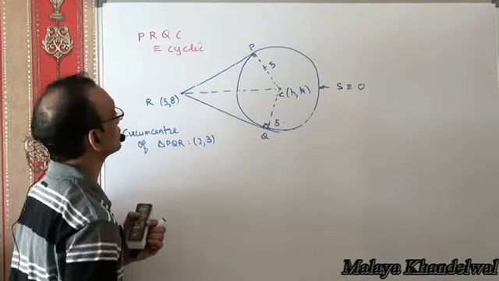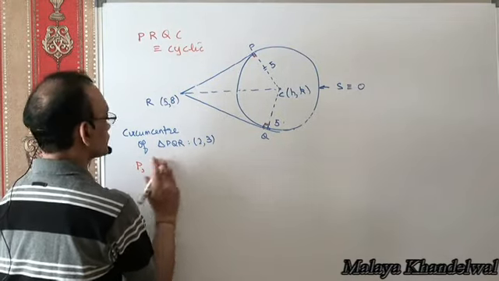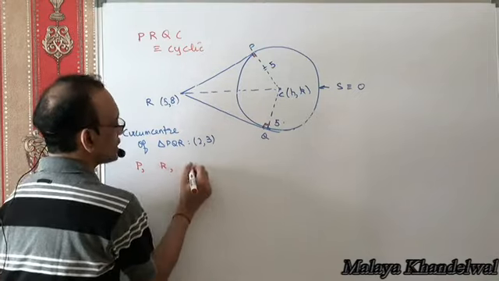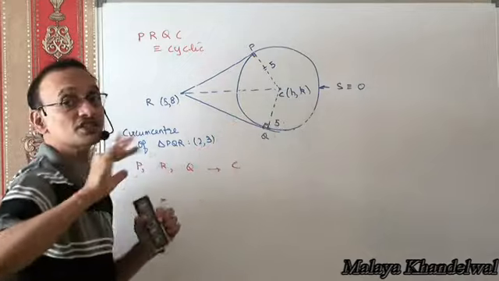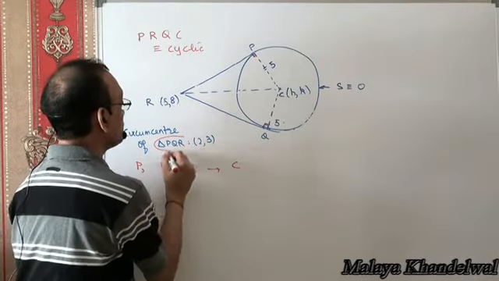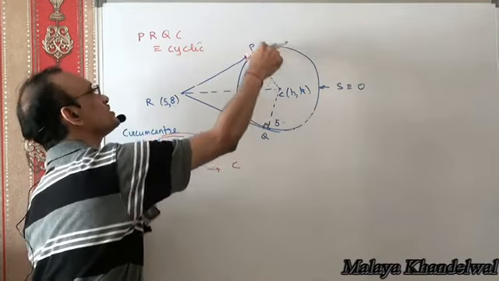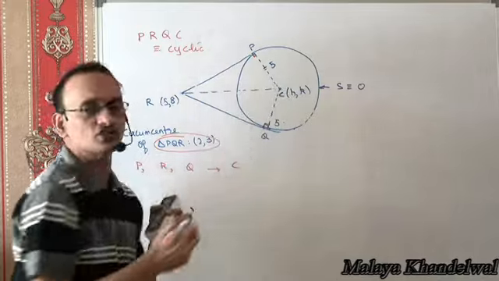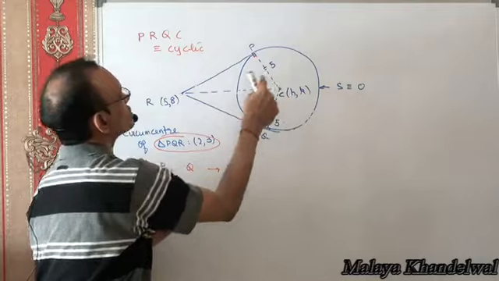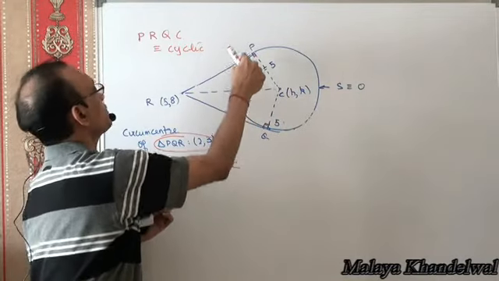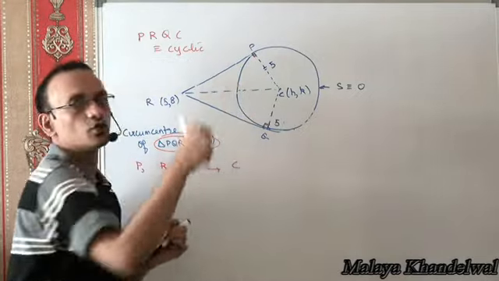That means the circle that passes through P, R and Q will also pass through C, because they are concyclic points. Why are PRQC concyclic points? Because PRQC is a cyclic quadrilateral. Why is it a cyclic quadrilateral? Because this plus this is 180 degrees.